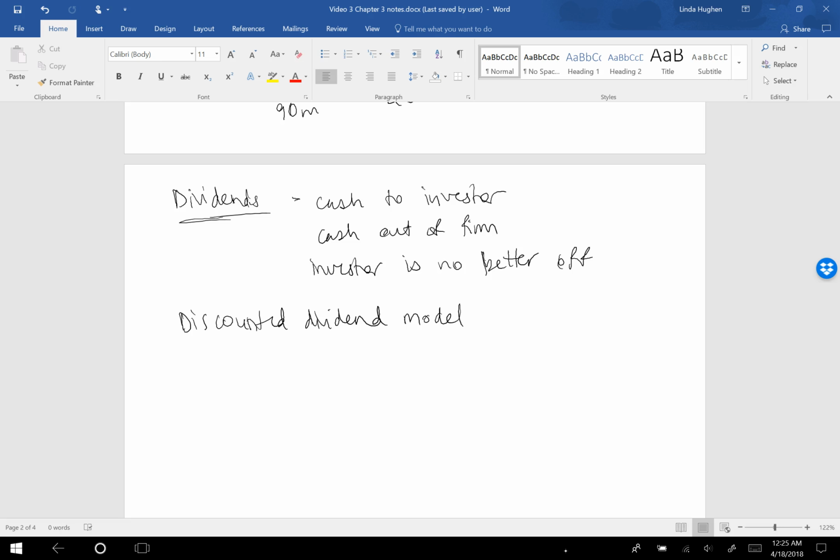So why wouldn't we do the same with stocks, when the cash flows on stocks are those dividends? Well, if we believe that the dividends are irrelevant to the investor and do not add value, then valuing a stock based off of its future dividends might not be the best method.